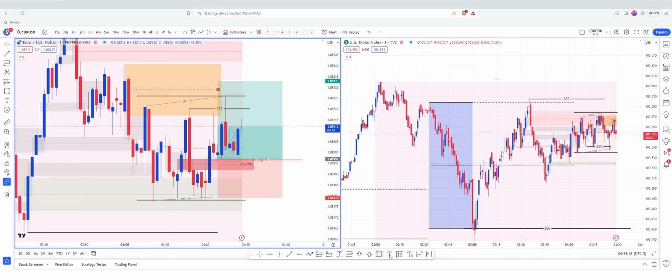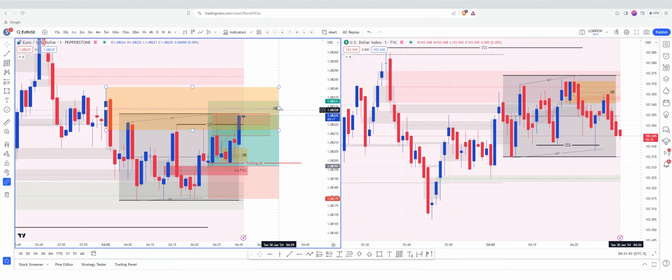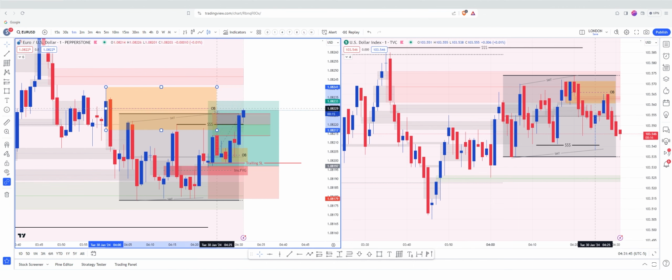Consequent encroachment of the order block, 50% of the order block, the area, so hopefully we can get a wick through to net our 2R. That's 50% of the order block just tapped.